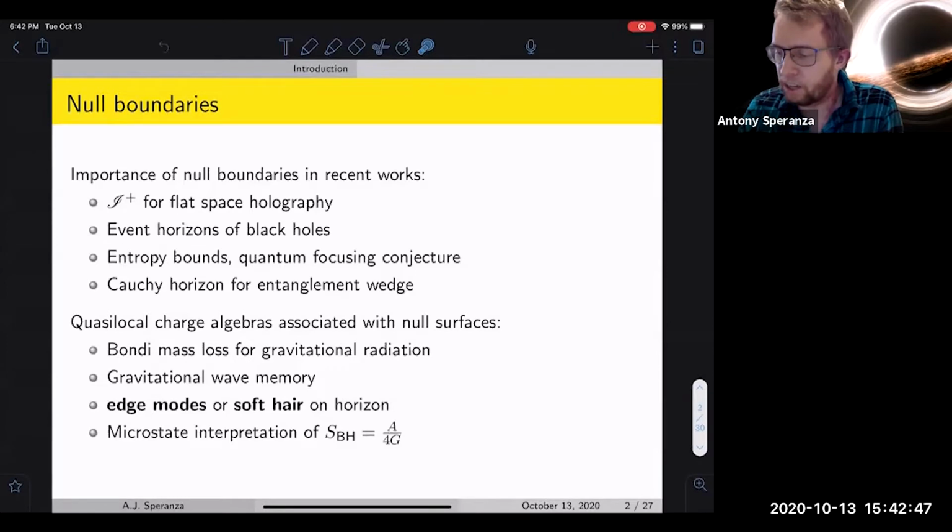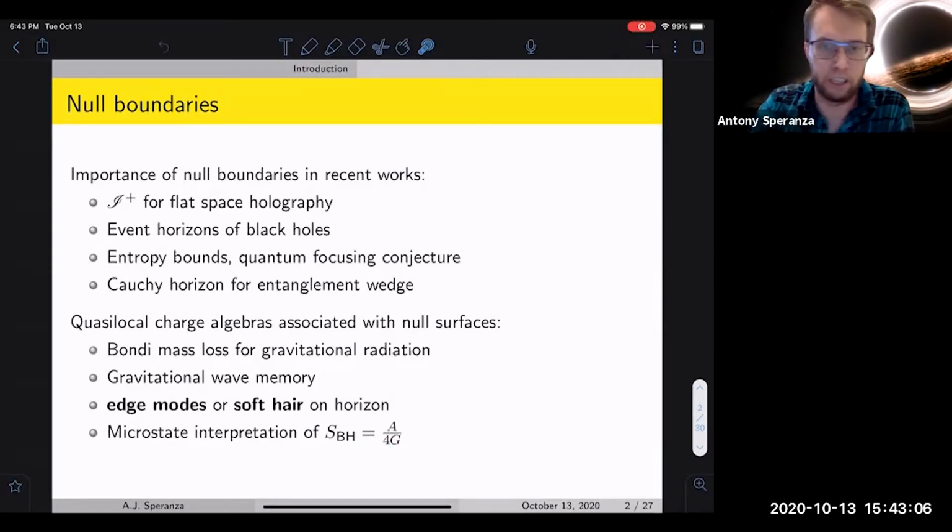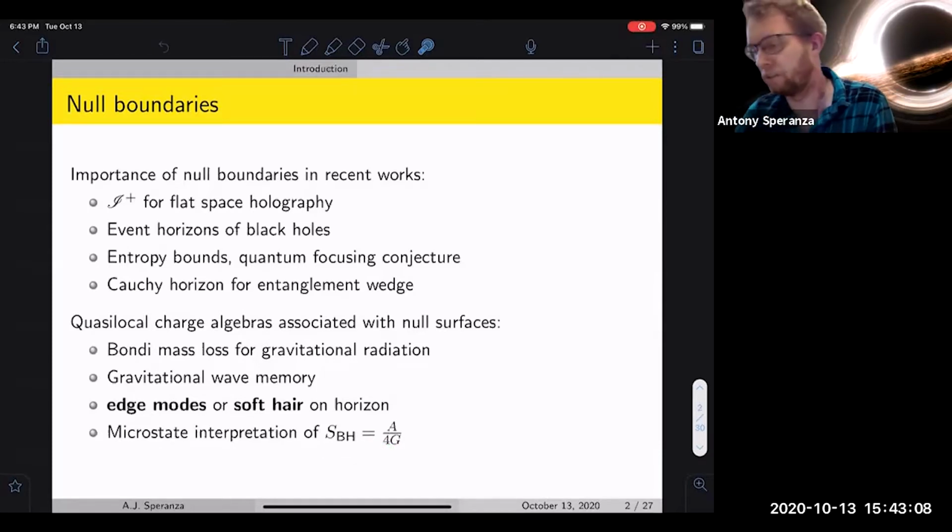But the thing I'm mostly interested in this talk is the idea of edge modes or soft hair on a horizon like a black hole event horizon. In particular, I'm interested in what you can learn about the black hole entropy and possible microstate interpretations of that, what these edge modes say about microstates.